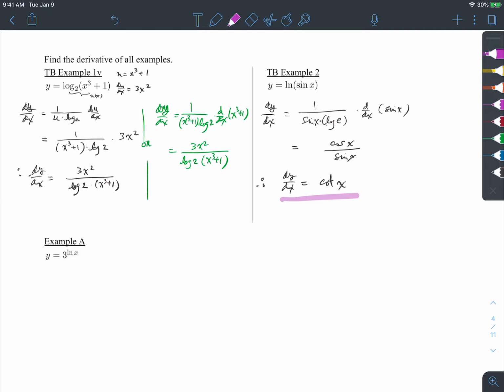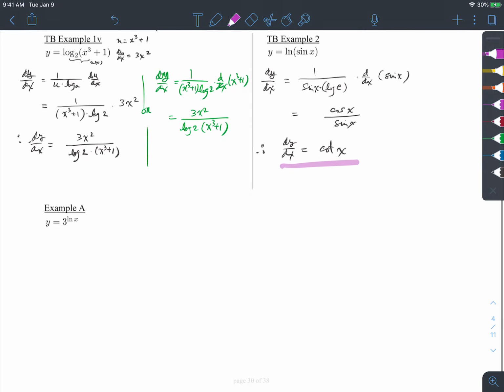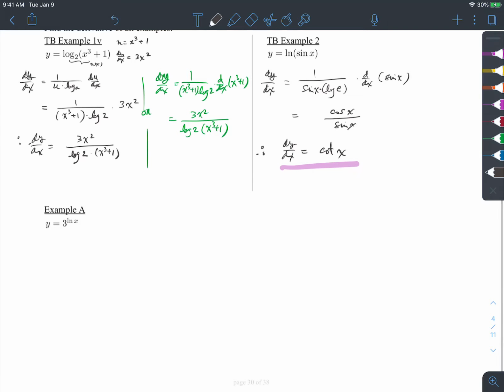The derivative of the next one looks more like a reminder from the previous material. So in this particular case, dy dx is equal to the function copied as it is, but multiplied by the derivative of the base, log of the base, which is 3. I meant to say ln of the base, right? Because if it was base e, it would cancel out. Remember that?